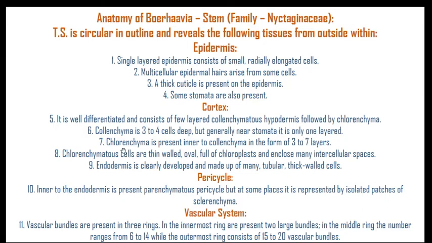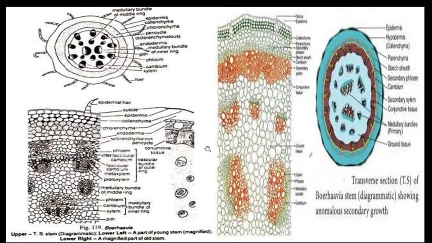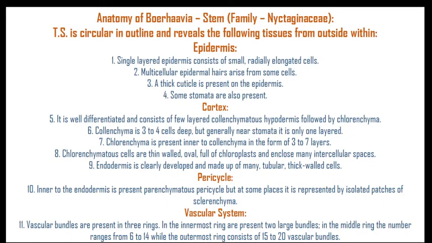Chlorenchyma consists of cells that possess chlorophyll. It is present inner to the collenchyma and forms about 3 to 7 layers.